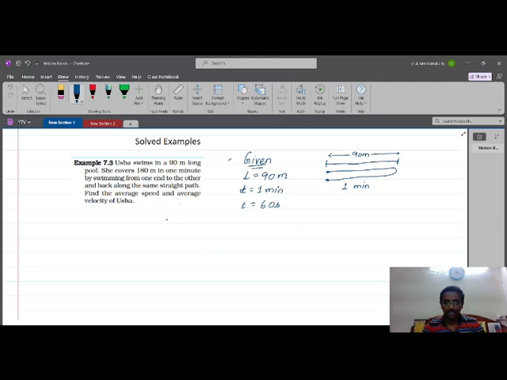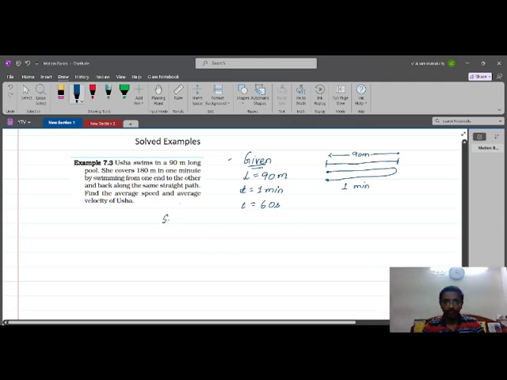So let's start. So when we talk about average speed, how do we define it? Remember, total distance upon total time.